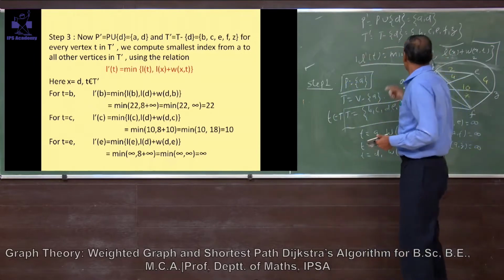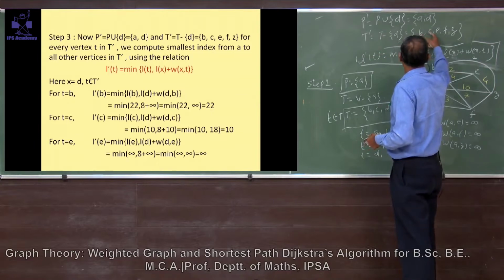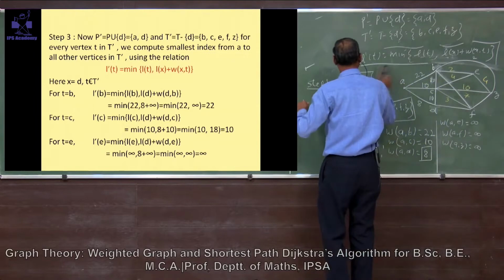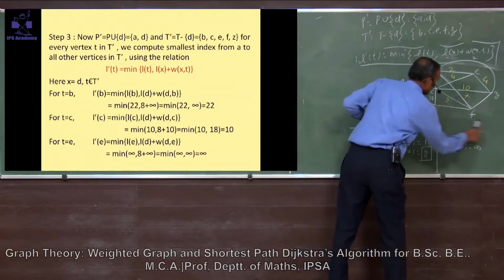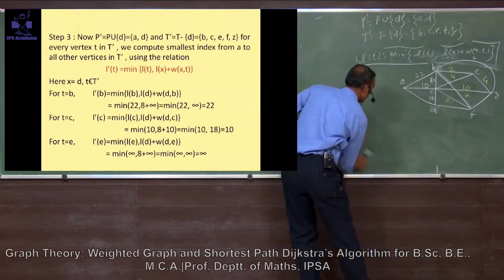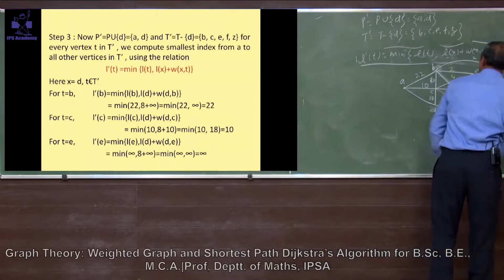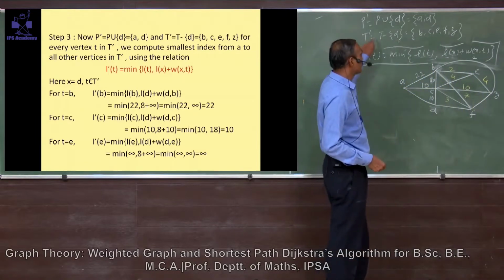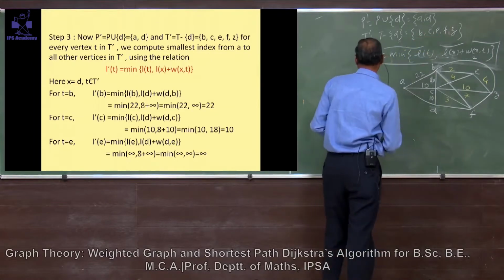And now again we have to compute the smallest index among B, C, E, F and Z. First you have to find the index for t belongs to T dash, and T dash has B, C, E, F and Z. Then what will be the formula?